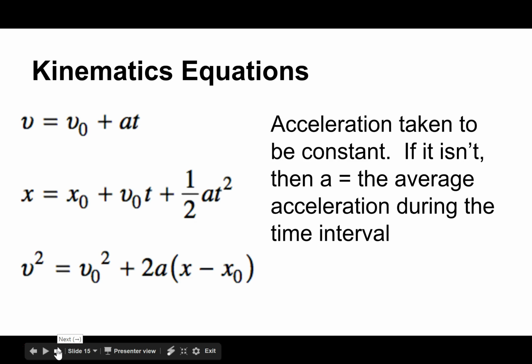If it's not accelerating, then velocity is constant, but, neat. The third equation gets us to the same thing. If acceleration is 0, that last term drops out completely, so we get the final velocity squared equals the initial velocity squared. And since I already figured out that final velocity equals initial velocity, the squares of those would be equal as well. So the first and third equation, not interesting in the x direction.